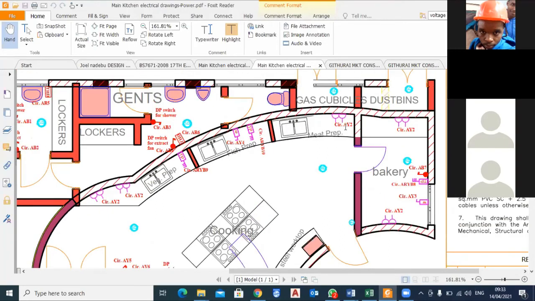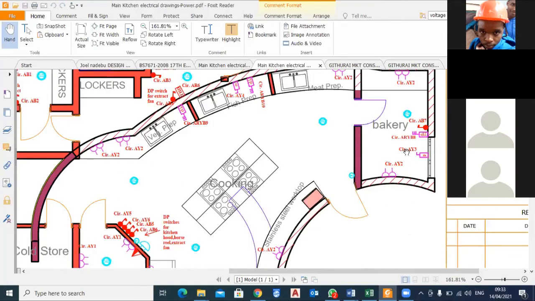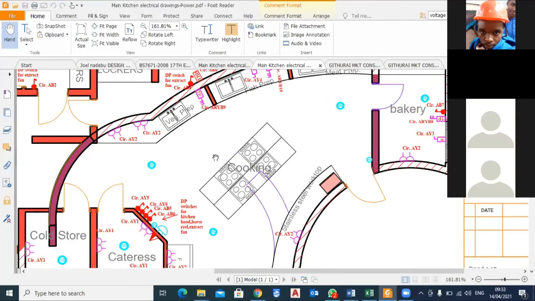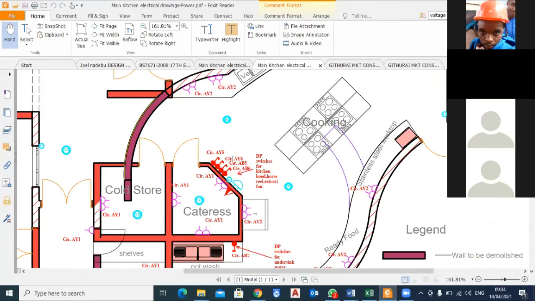You see here it's circuit AY2, meaning yellow phase number 2. We have circuit AY3, meaning circuit A identifying the distribution board is DBA, Y3 means yellow 3. Ukikuja hapa unakuja circuit AY5, circuit AY6, circuit AB6, meaning DBA, but blue phase, circuit number 5, blue phase, circuit number 6.